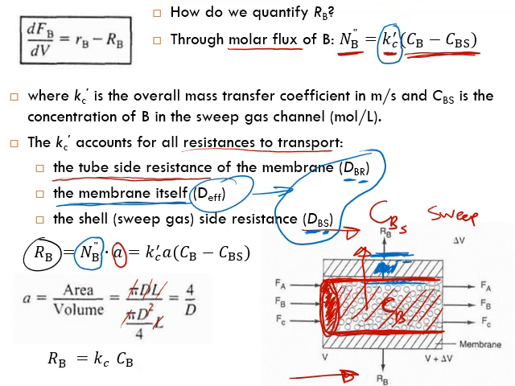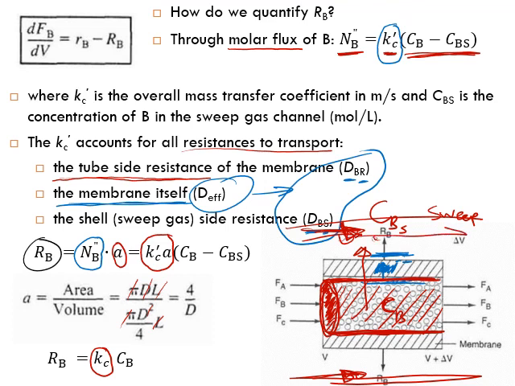Okay, so let's take the product of these together and call it Kc. And let's say the sweeping gas is flowing in the annulus space between the membrane reactor and the other tube here. Let's say that the sweeping gas is very fast, in such a way that whatever B diffuses and reaches here will be swept away.